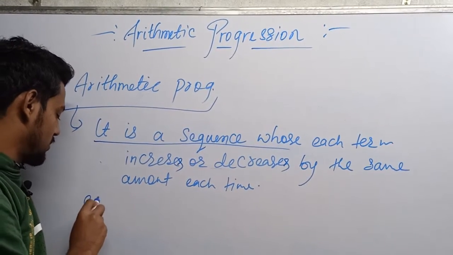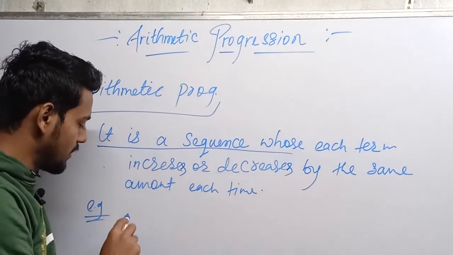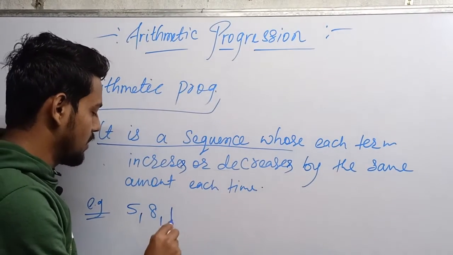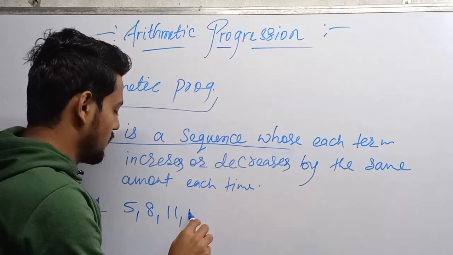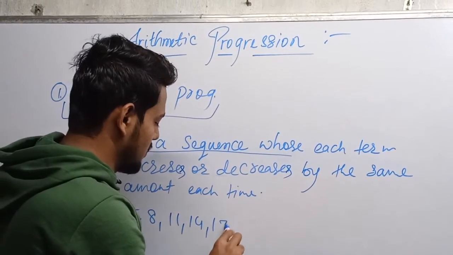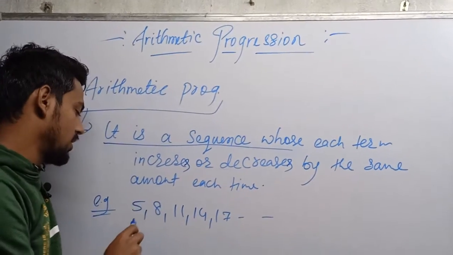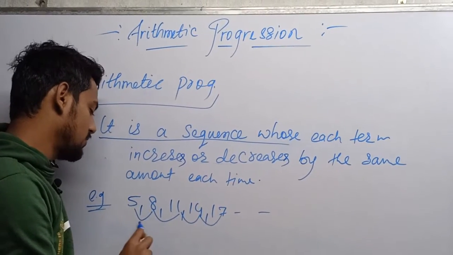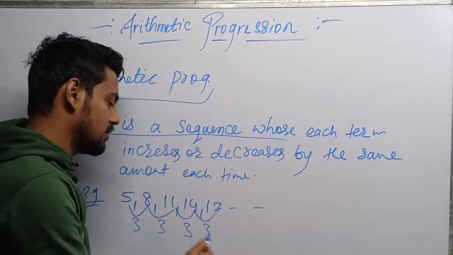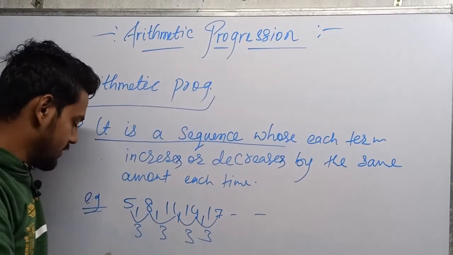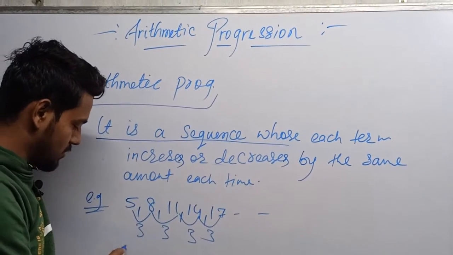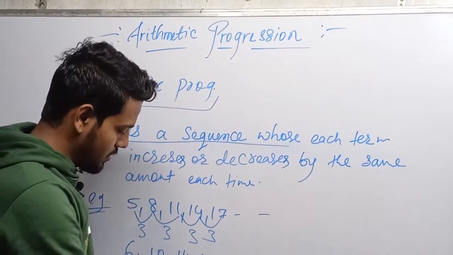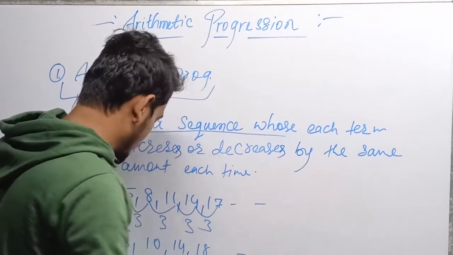Let's say examples. If we take 5, 8, 11, 14, 17, and so on, here we can see that each term is increasing by 3. Let's take another example: 6, 10, 14, 18, and so on.